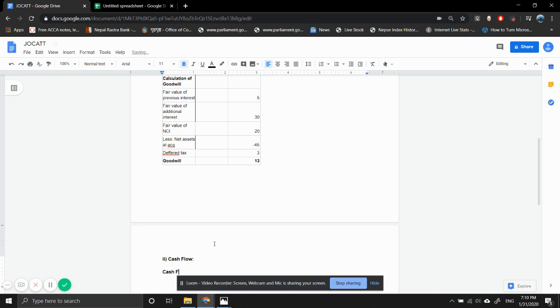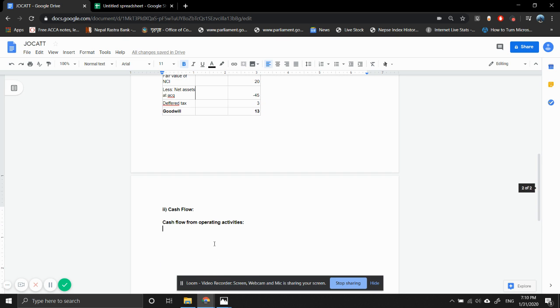Cash flow from operating activities. That means all the way down to tax paid, right? So what's our profit before tax? I think I will do it in Excel.